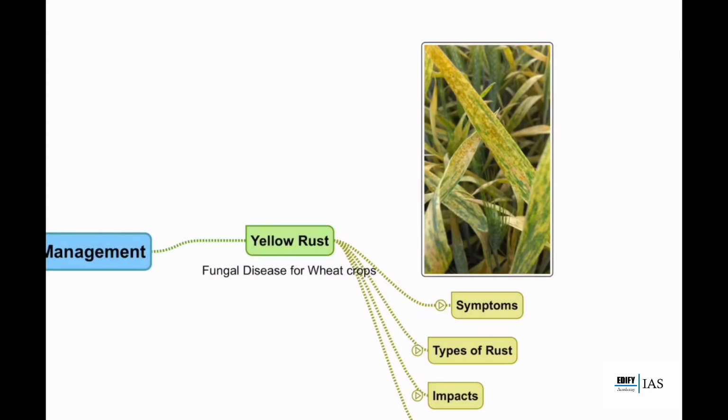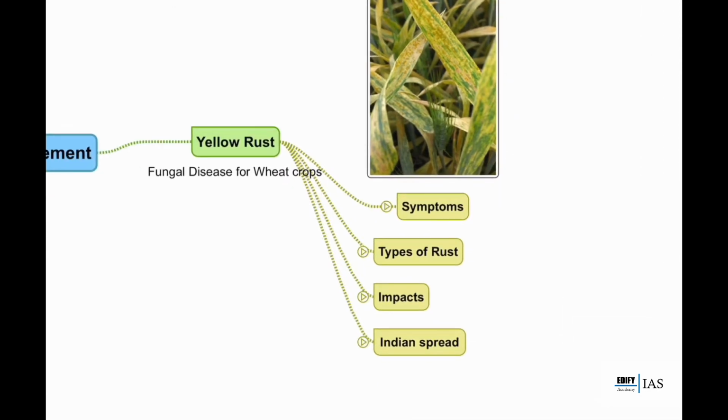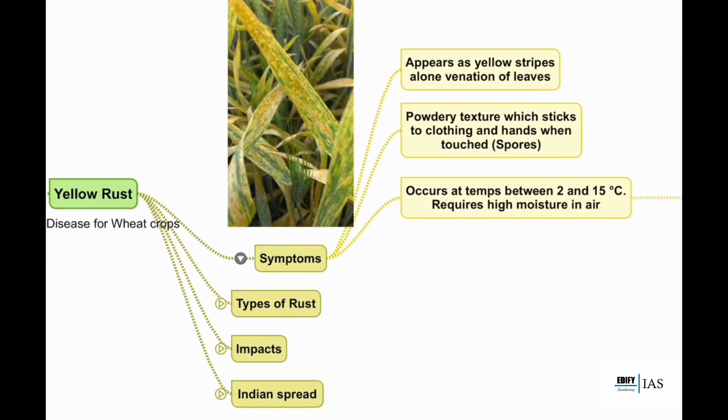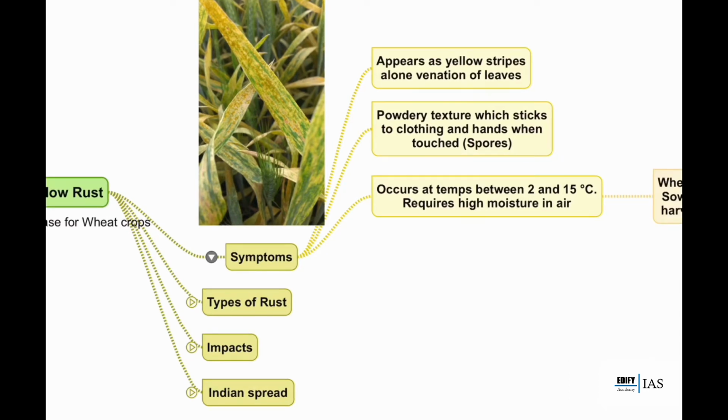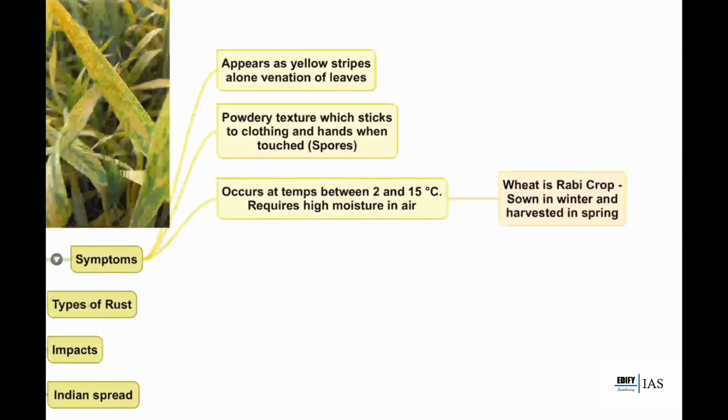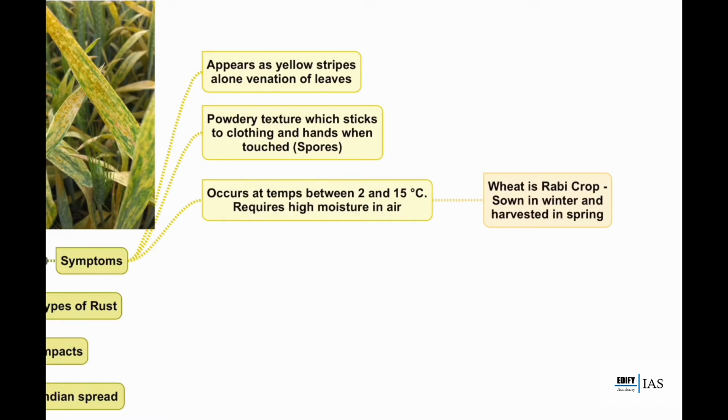Okay, so let's look at a few symptoms of yellow rust that we observe. Primarily, they are obviously the yellow striations on the leaves, and their texture is powdery, and these are also sticky. Hence, they are able to attach to hands and your clothes, and they're able to spread because they also act as spores, right? And the primary temperature at which they occur is around 2 degrees to 15 degrees Celsius.